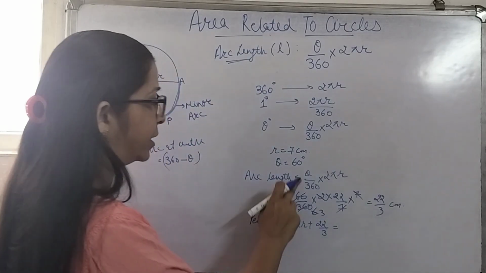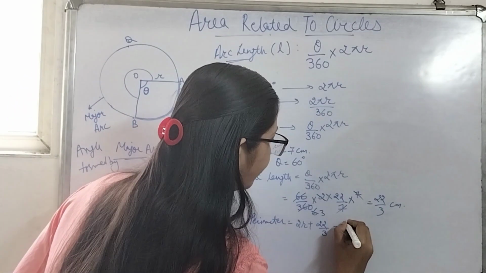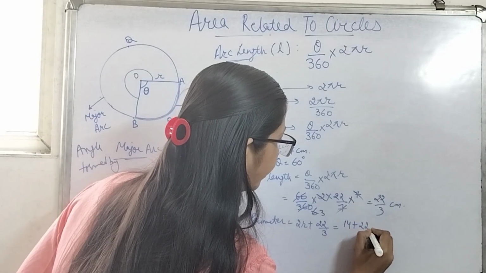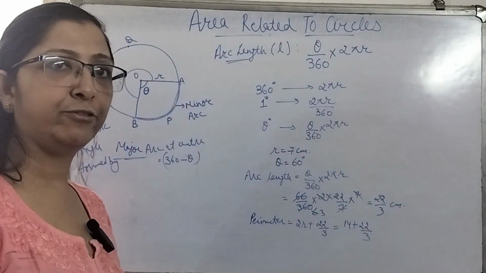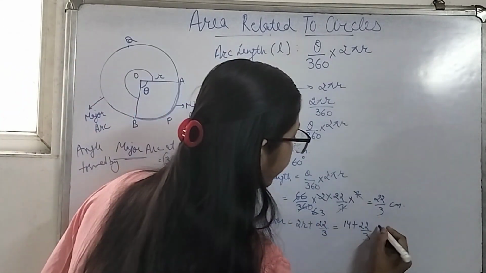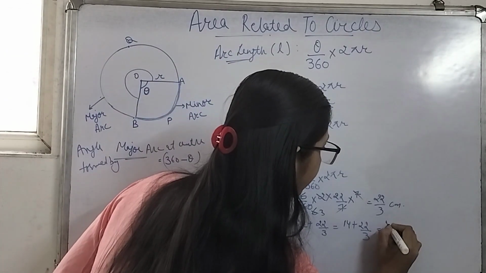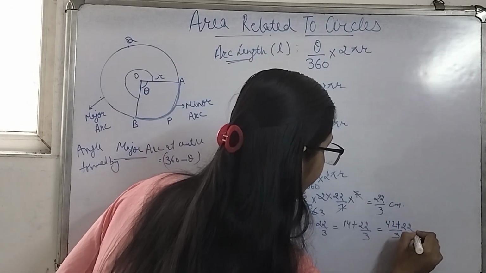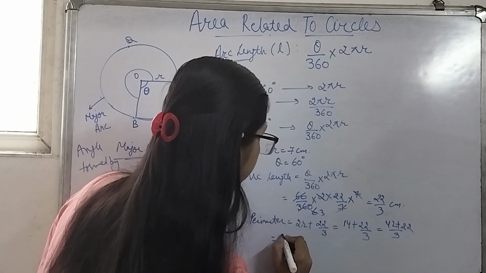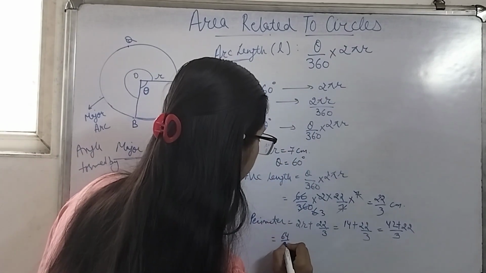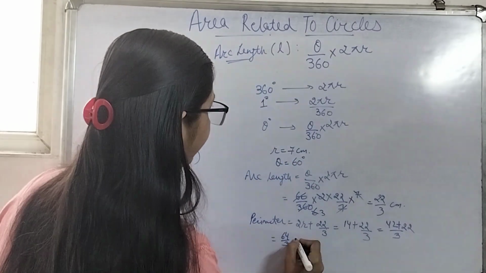Here r is 7, so it will be 14 plus 22 by 3. If we solve it further, taking LCM of 3, we get 42 plus 22, that will be 64 over 3. Or in decimals, we can find it out.